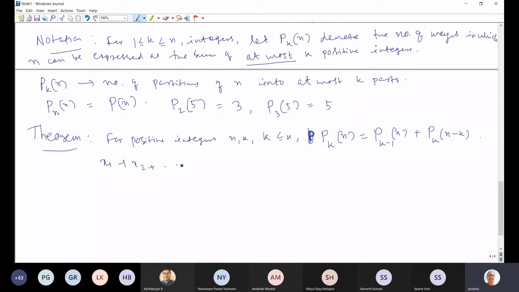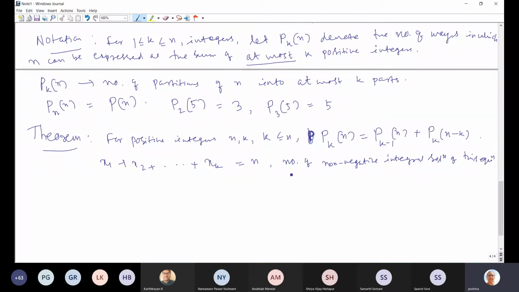Earlier we have seen the number of non-negative integral solutions of this equation. Just remember, what is this number?